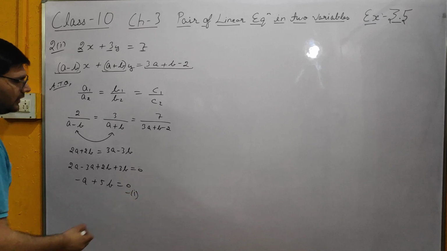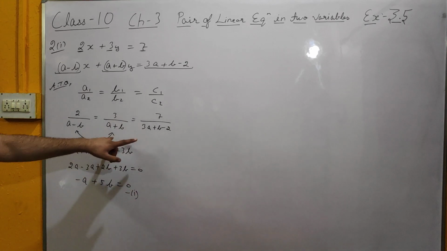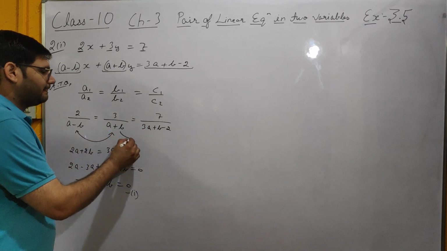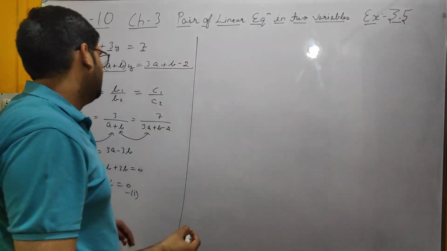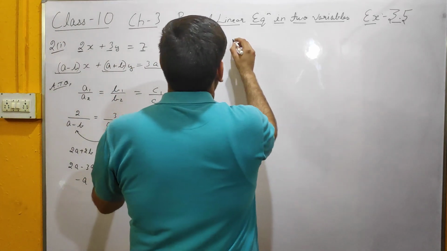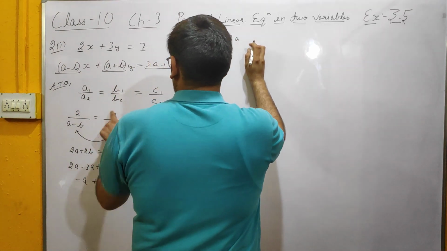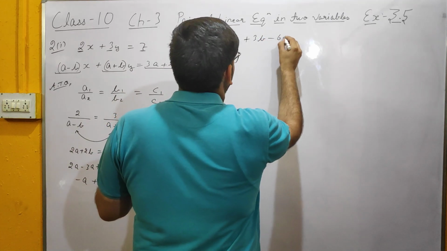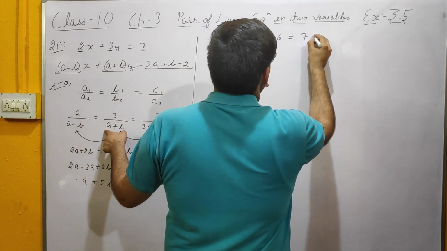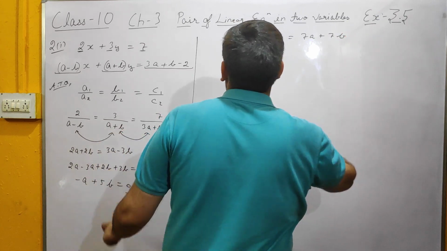Now we will equate these two. Alright, let's see what happens. If we are equating them, 3 3s are 9a, cross multiply, plus 3b minus 6 equals 7a plus 7b.